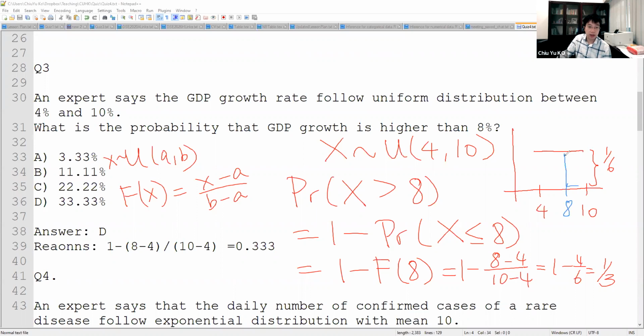So basically it's this area, okay? The base is 2, right? The height is 1/6, 2 times 1/6, which is 1/3 again, okay? So if you know this diagram, then it can be much faster. Or you can remember the formula, also can do. Is that okay for this question?